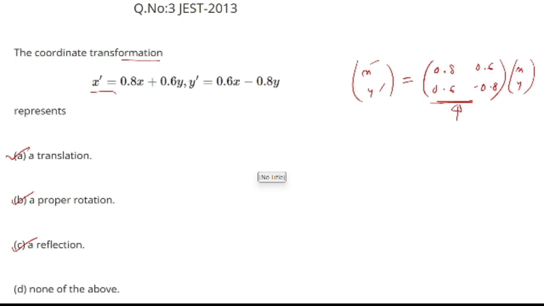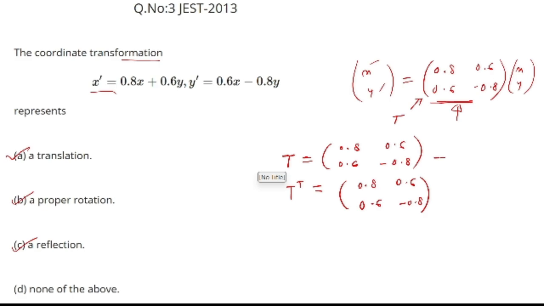Now we are only talking about this transformation matrix. Let's find whether this matrix is orthogonal or not. So T is the transformation matrix: 0.8, 0.6, 0.6, minus 0.8. Take the transpose of this matrix: transpose of T gives 0.8, 0.6, 0.6, minus 0.8.